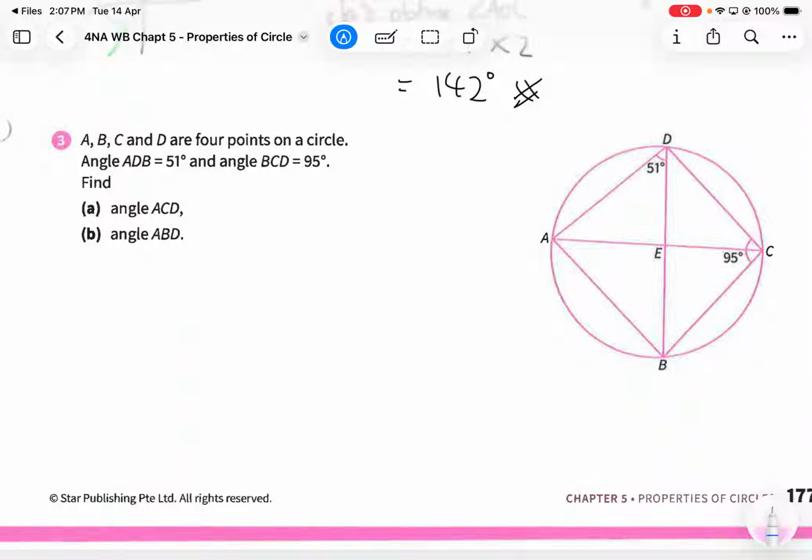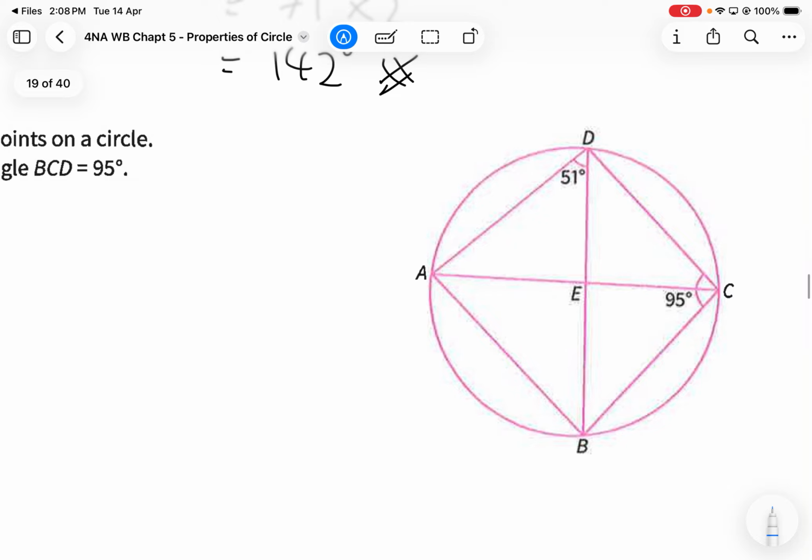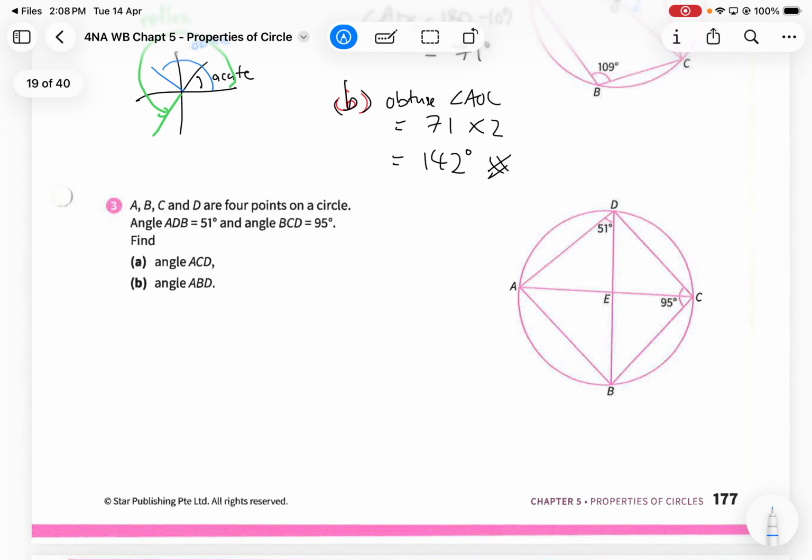I am also thinking, does anyone already know? Okay. Again, we want to find this angle. I know this is 51. They never say E is the center. Did they say E is the center?